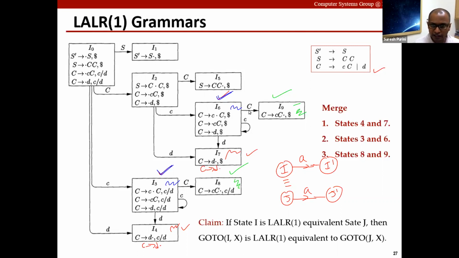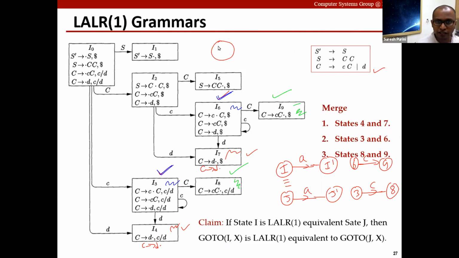On looking at the non-terminal C, it goes to state 9. And similarly, J is equivalent to state 3. On looking at C, it goes to state 8. This is what I mean: state 9, and this is 3 on non-terminal symbol, and this is 8. So when we merge these two states, we can get into a problem.